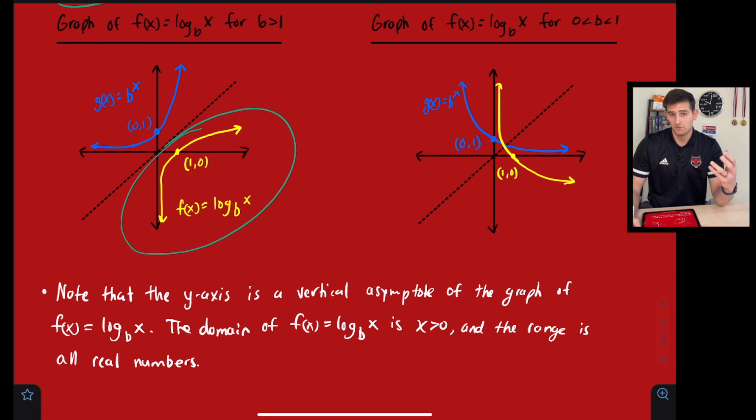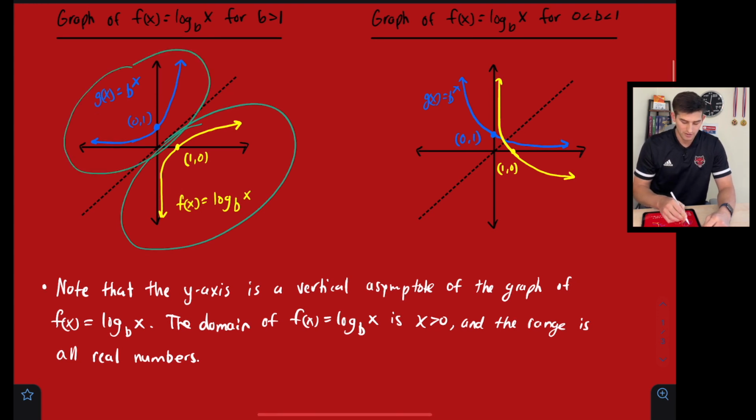For example, if b were 4, we could graph f of x equals 4 to the x, figure out what our x's and y's are, and just switch those. That would give us our log function, log base 4 of x, and then you could just erase what you did for your exponential. If we remember for exponentials, when we have a b value that's greater than 1, this is what our graph looks like.